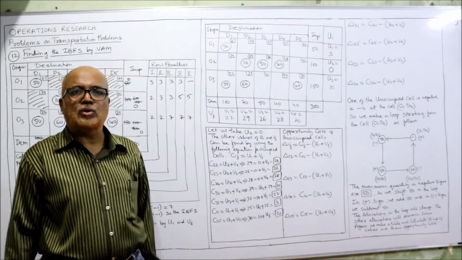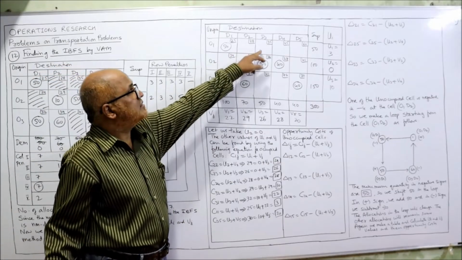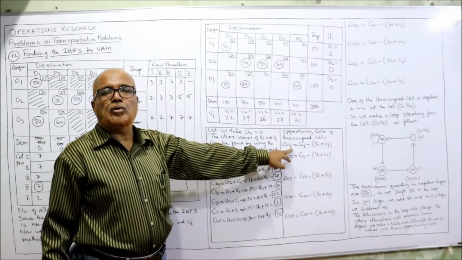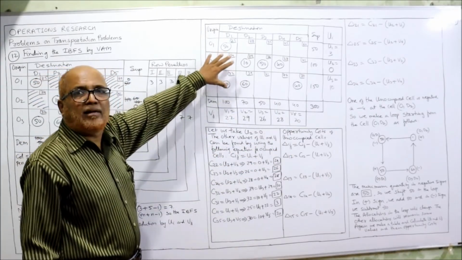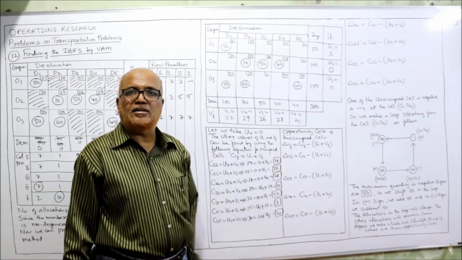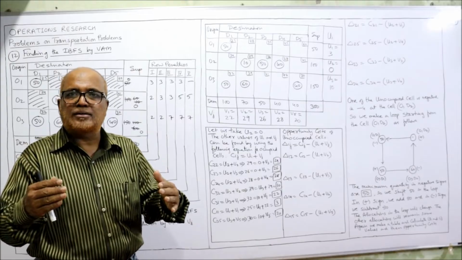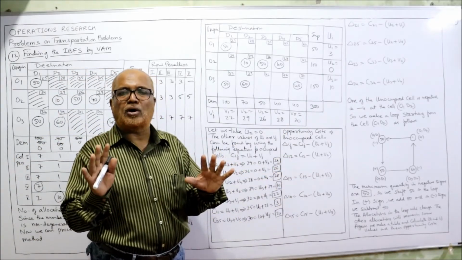Now we need the opportunity cost of unoccupied cells. These are the unoccupied cells. For this opportunity cost, delta ij is equal to Cij minus (Ui plus Vj). Orally we can calculate here itself, or we can write it down. So in the initial stages, when you are not perfect, you must calculate like this. Once you are perfect, how to find out opportunity cost?